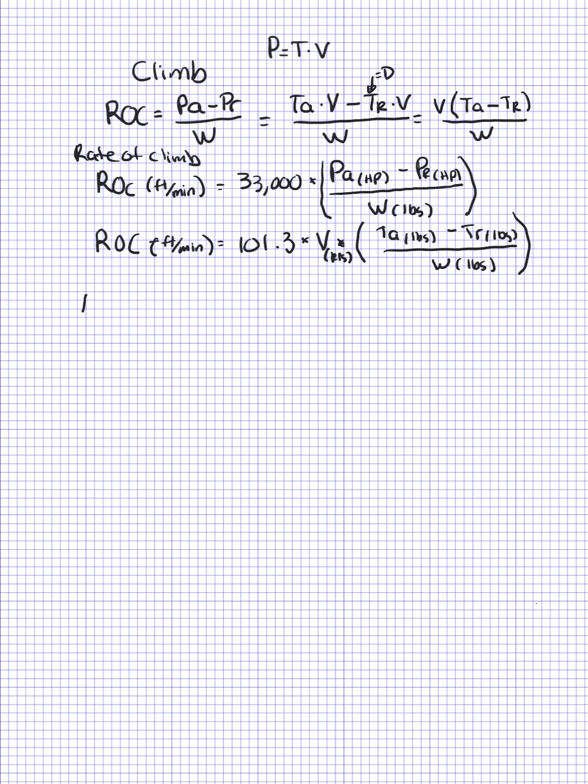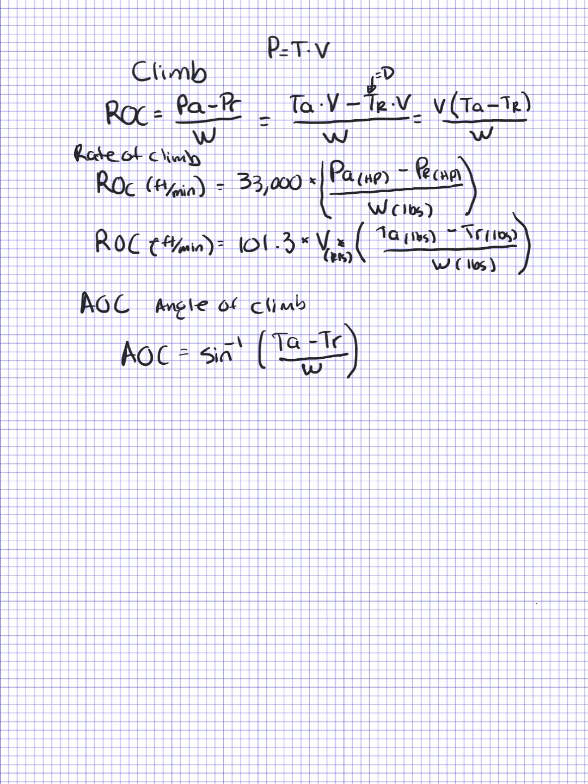And then we have angle of climb. That is going to be sine to the -1 of thrust available minus thrust required over weight.